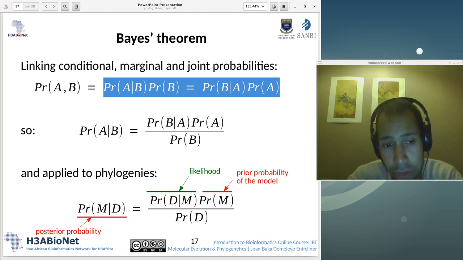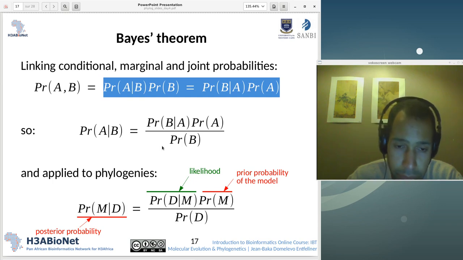Probability of A conditional on B is equal to probability of B conditional on A times probability of A divided by probability of B.